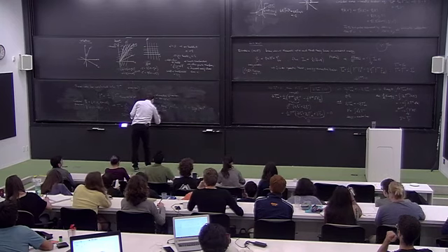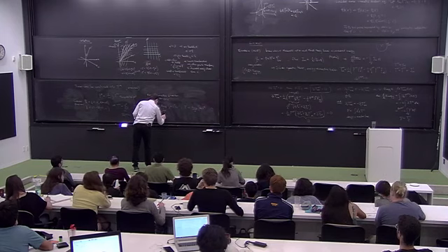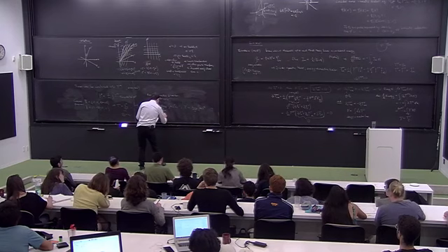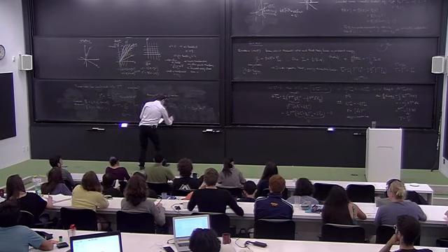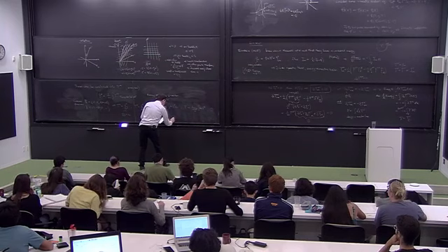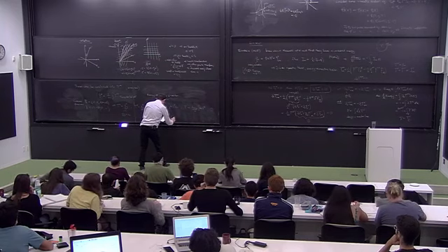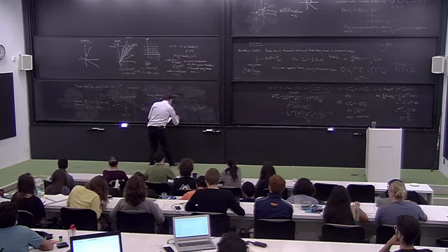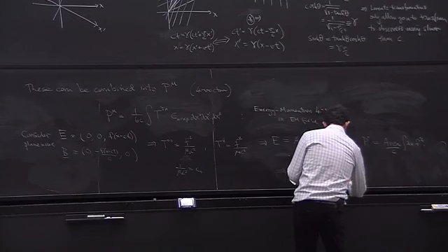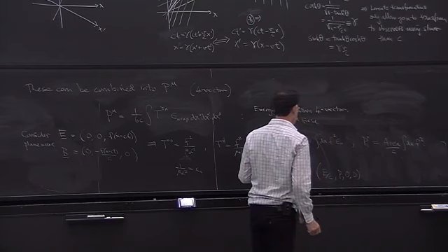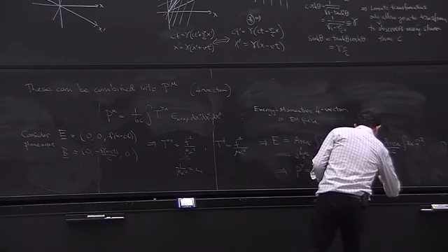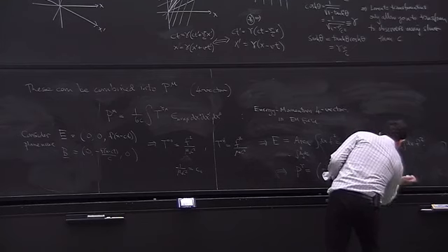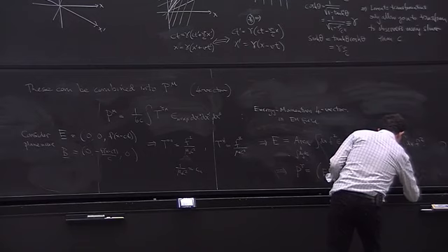So what we see is that for a plane wave, the momentum p gamma is equal to E over c, p, 0, 0, with E equals p over c.